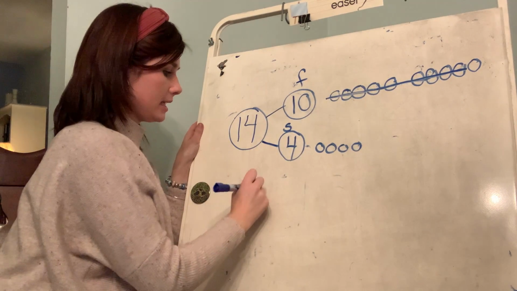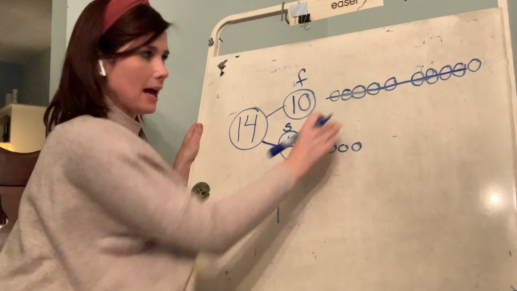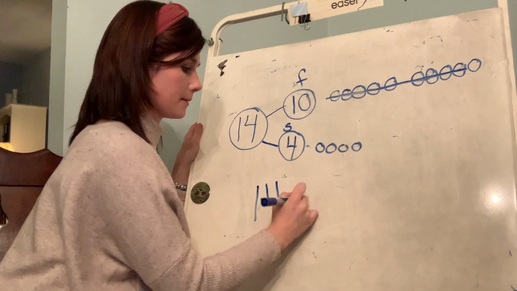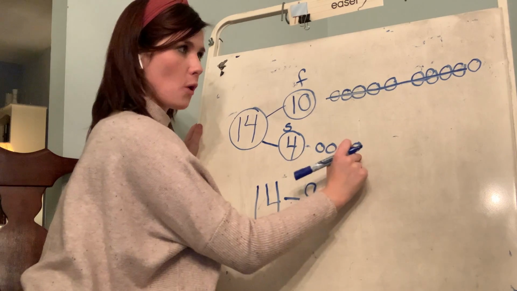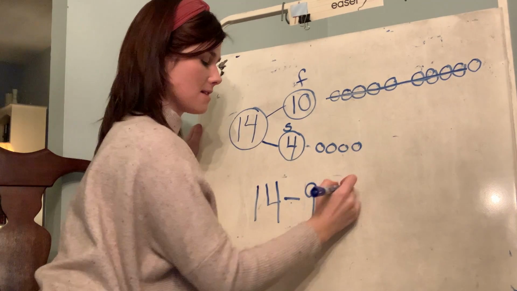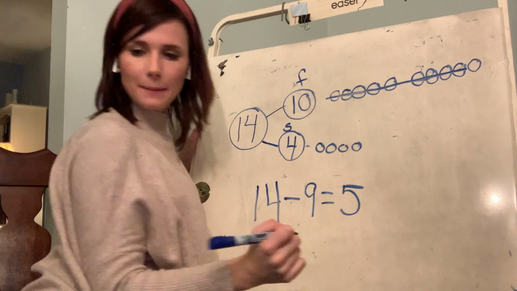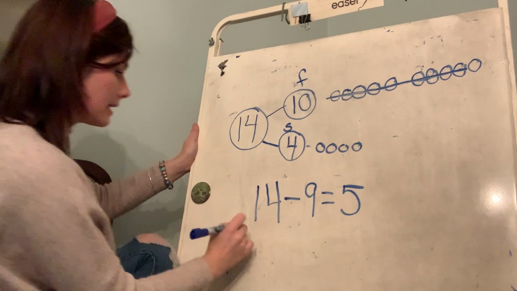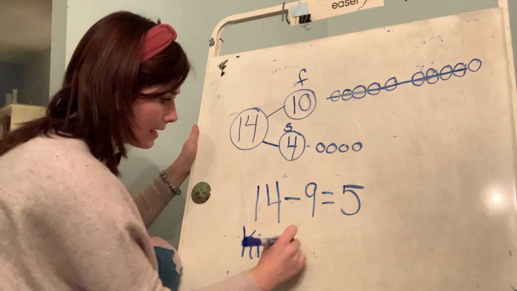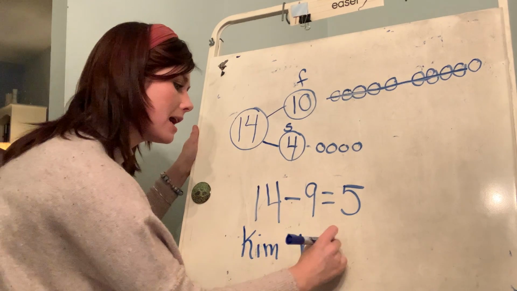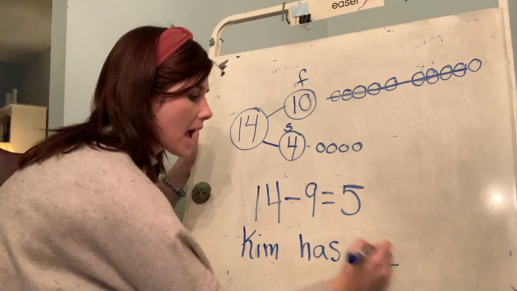So we had 14, right, all together. We took away how many? 9. What are we left with? 1, 2, 3, 4, 5. So Kim has how many stickers left? 5.